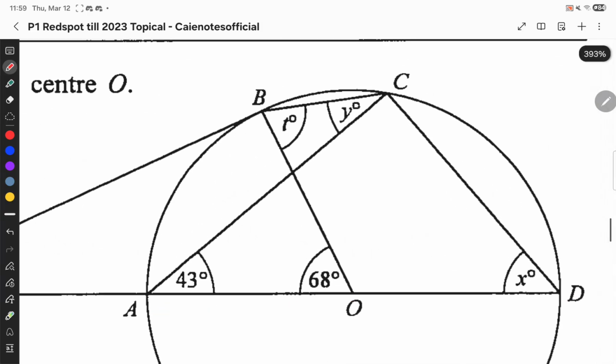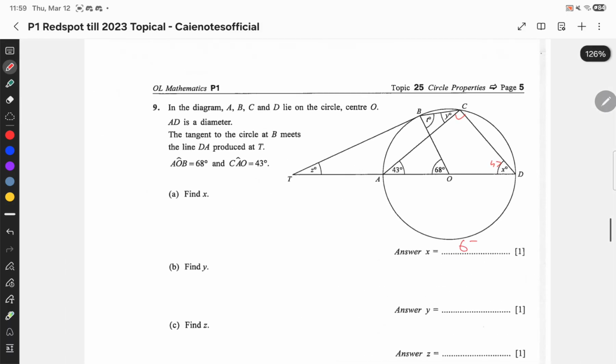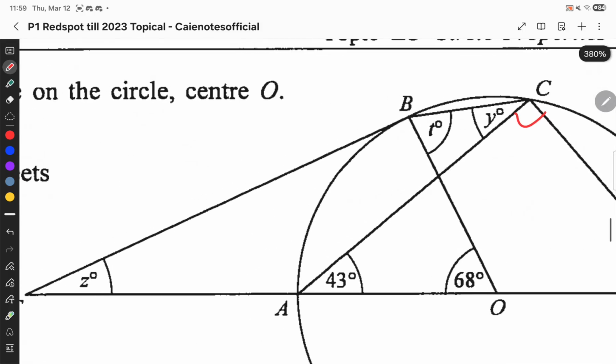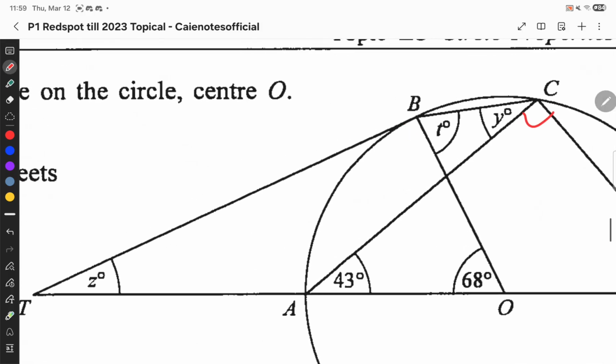Because AOD is a diameter, and so this is 90, and we complete this by 90 minus 43, which is equal to 47. See, math does not need to be hard. It just needs to be annoying to do. This is 90 because of the tangent, 90 minus 68, sorry, this is 22.